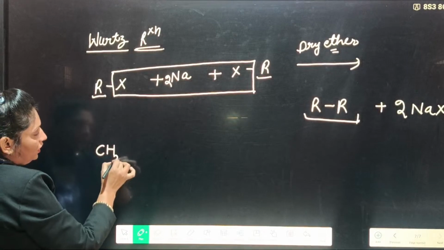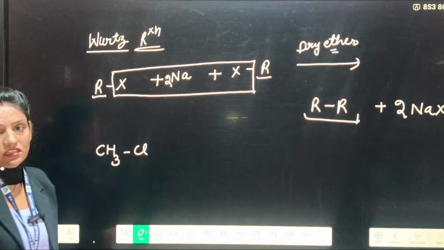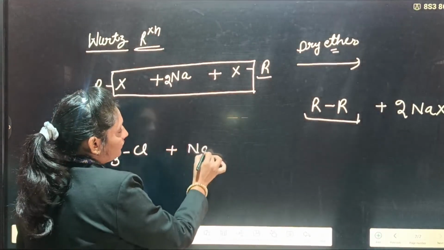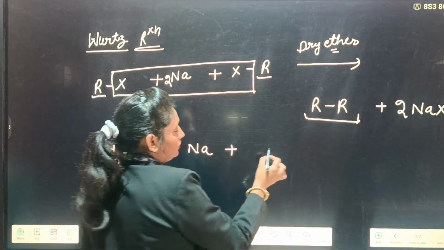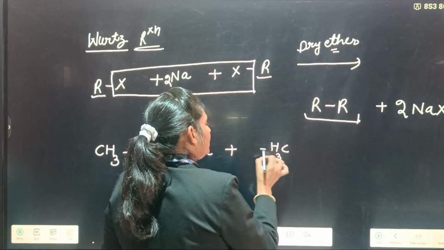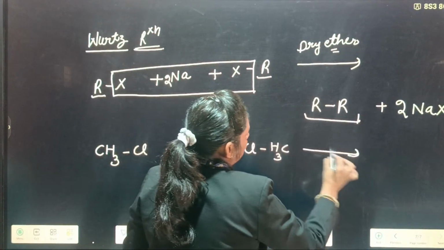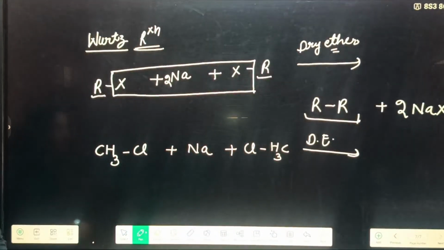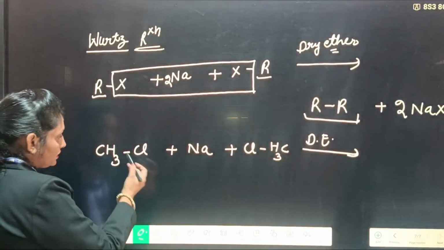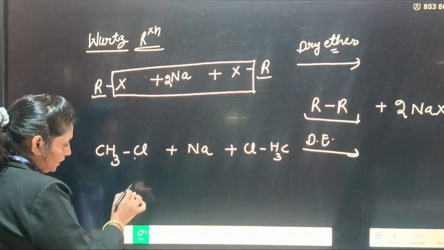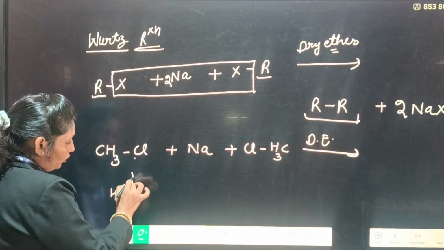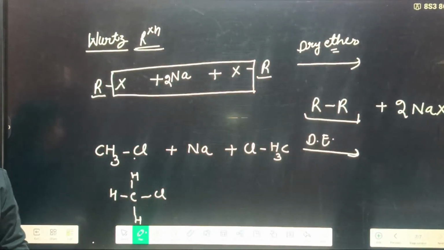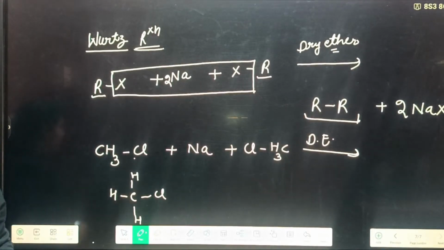Let us consider you are having CH3Cl plus sodium metal, one more unit you are having, in the presence of dry ether. Here, students, this chlorine is more electronegative as compared to carbon.